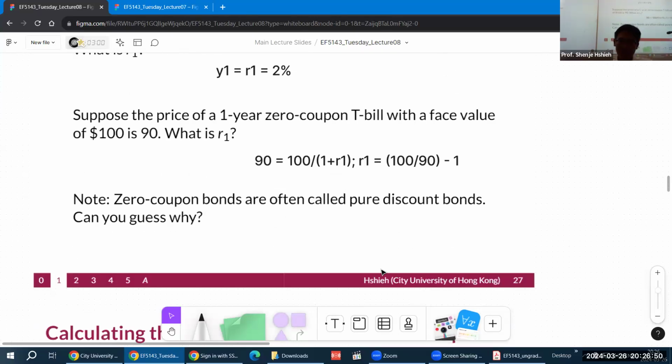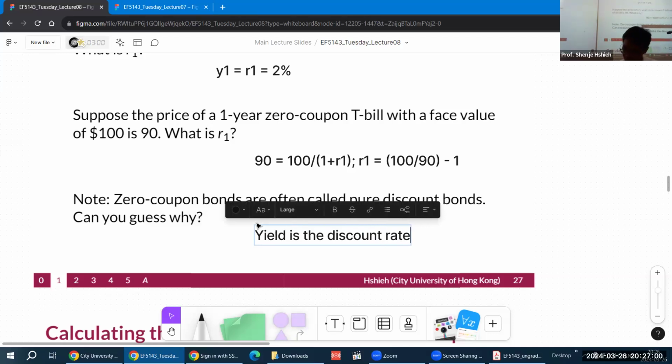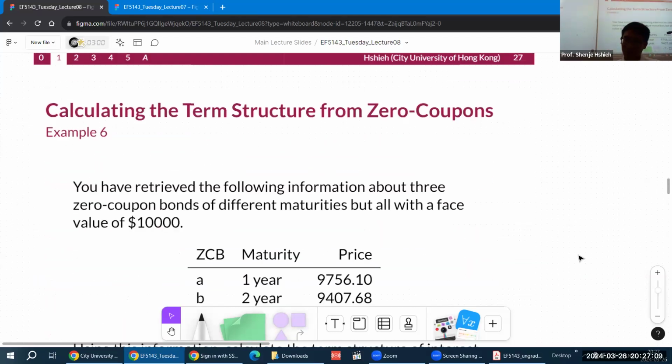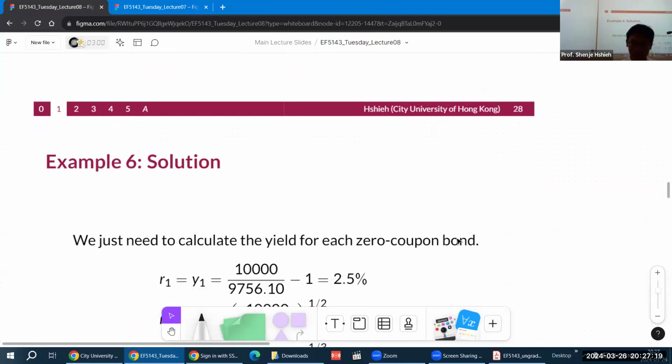Zero coupon bonds are often called pure discount bonds because the yield is the discount rate. So this is a very dumb exercise where I give you the zero coupon bond price and you back out the yield to maturity, which is equal to the proper term structure of interest rate value.